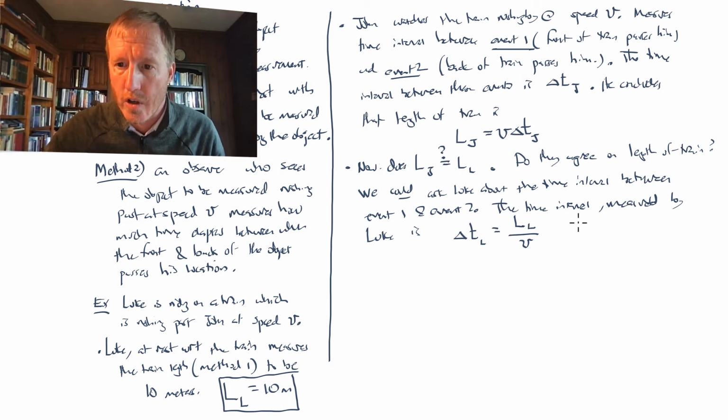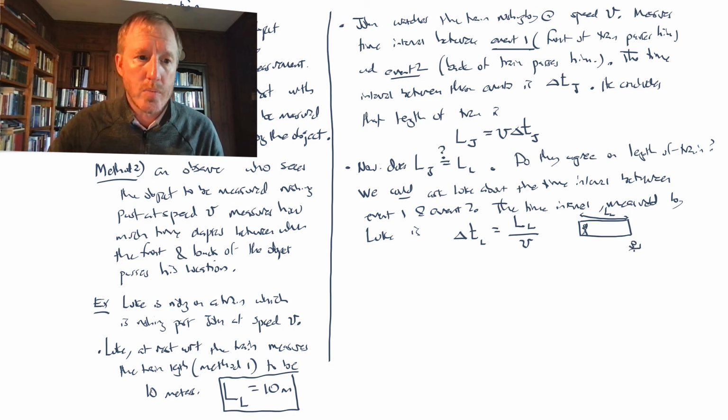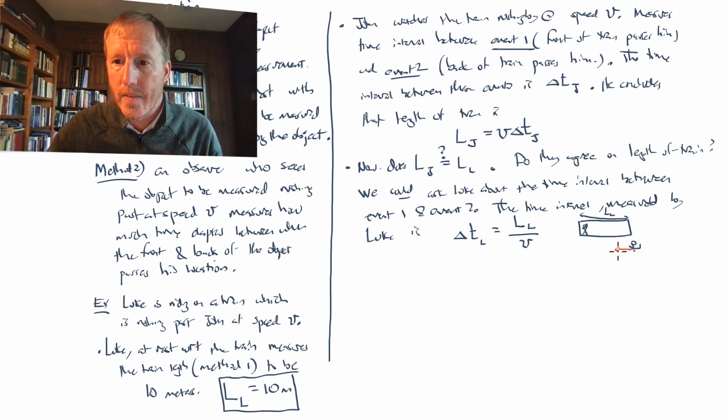So let's kind of draw this from Luke's perspective. Luke is here on the train. He knows the length of the train. That's the length according to Luke. And he sees John, who's sitting there in the cafe, going at some speed v past him, right? And the first event would be when John passes the front of the train. The second event is when John passes the back of the train.